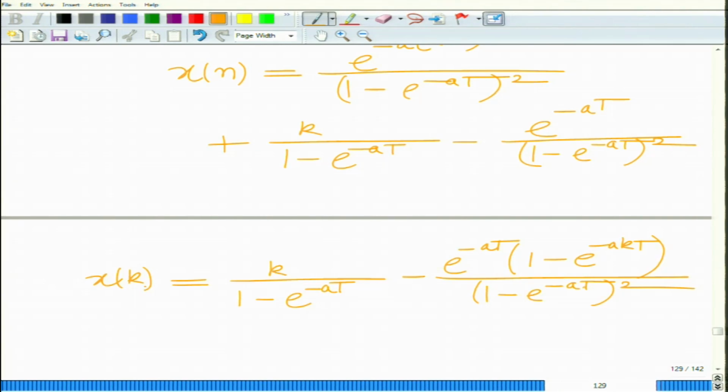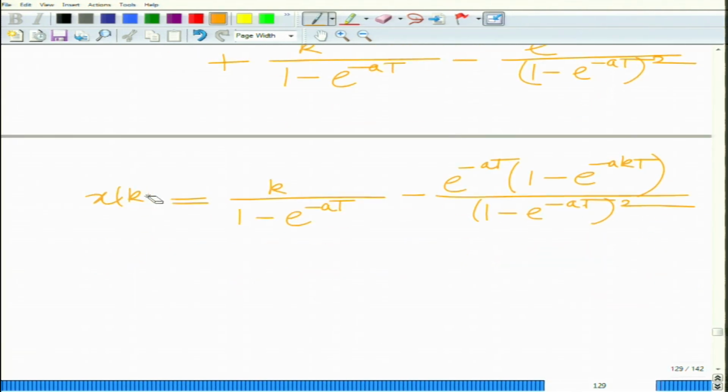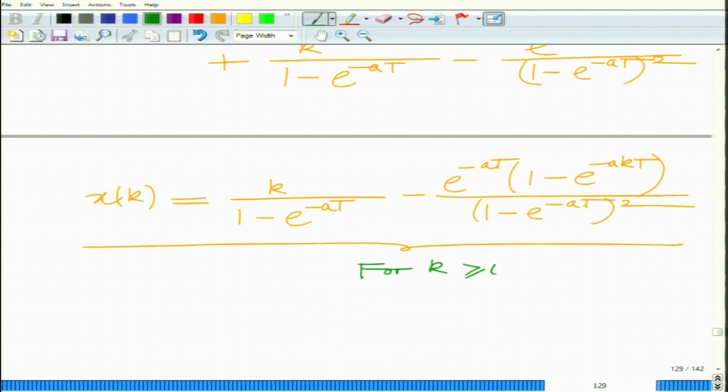This is your x(k), and this is valid for k greater than or equal to 0. Okay. So, basically that completes the problem.